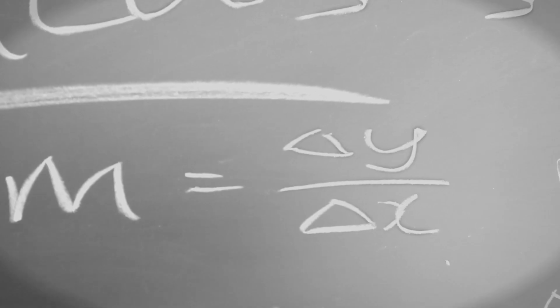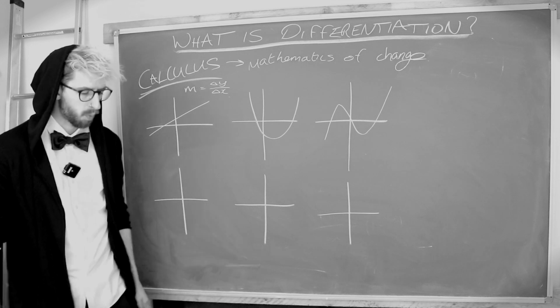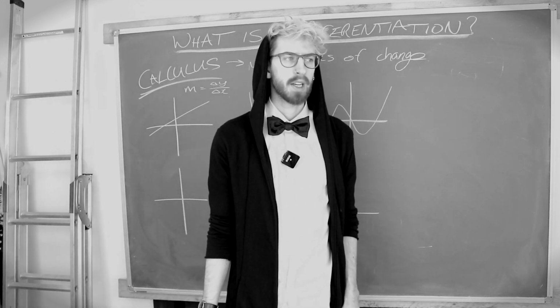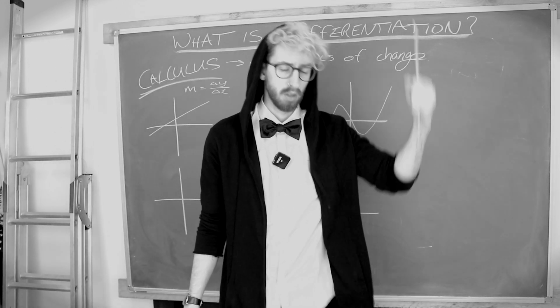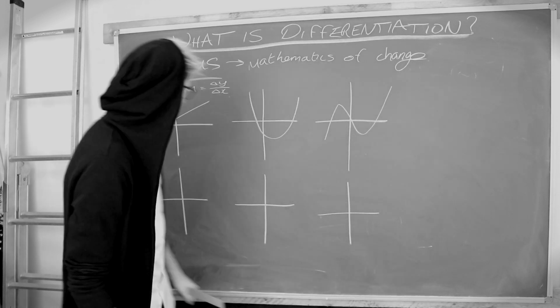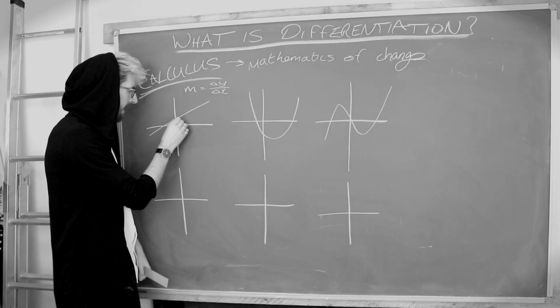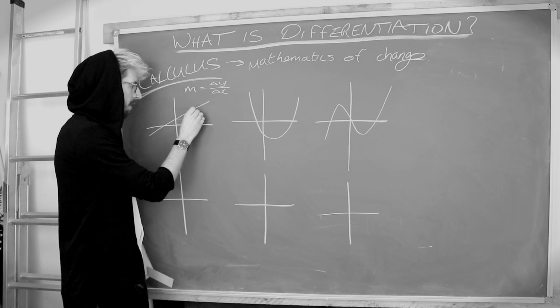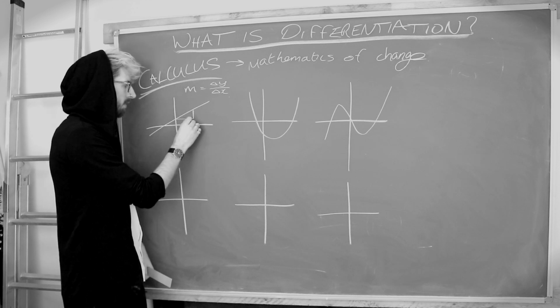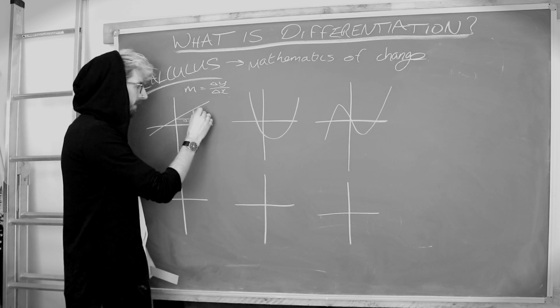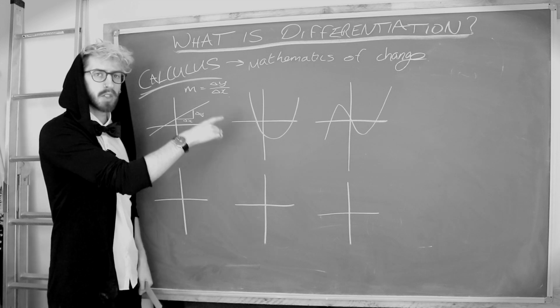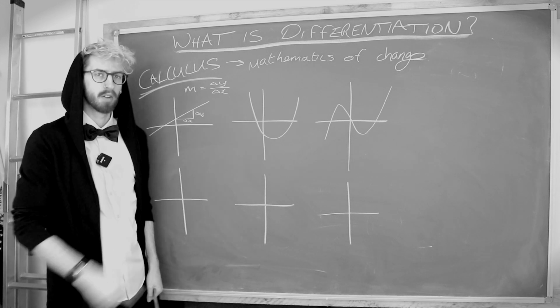Change in y over change in x. If I take one step in the x, how much has it changed going up? And if we did this, we'd take a point, say here, we'd take a step across, we'd go up, that's change in x, this is change in y over change in x, that's your gradient.